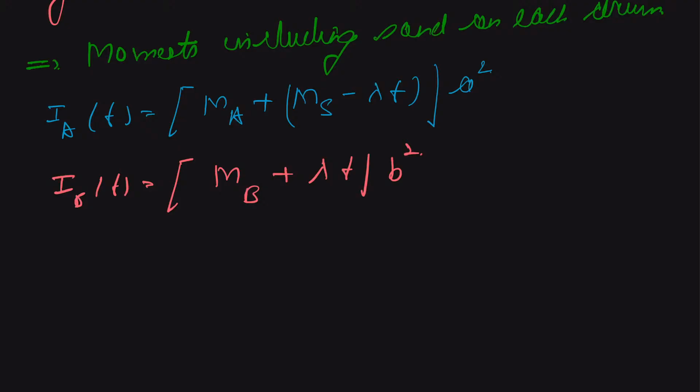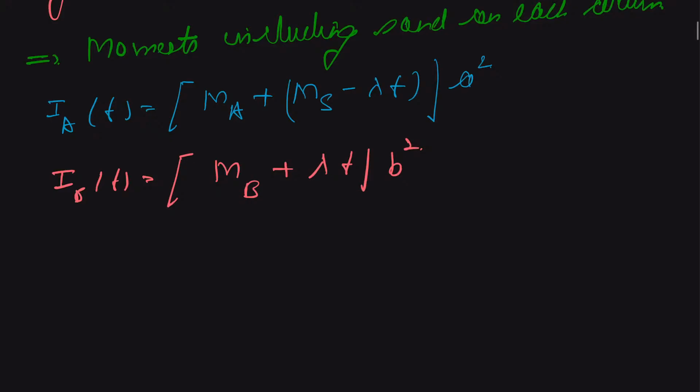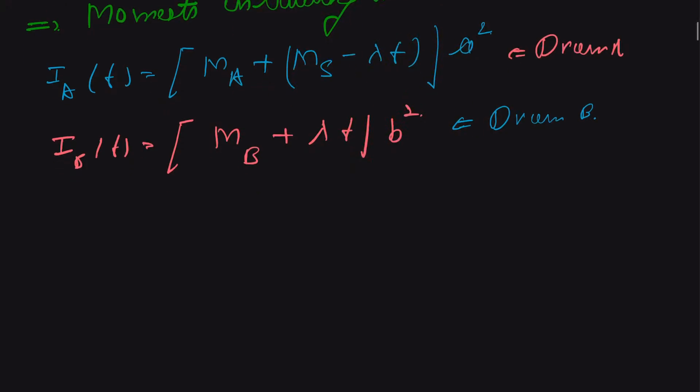So this is the moment of inertia with respect to their respective drums, inclusive of the sand. Okay, because this is with respect to drum A, and this is with respect to our drum B. So here drum A loses lambda times t and drum B gains lambda t.